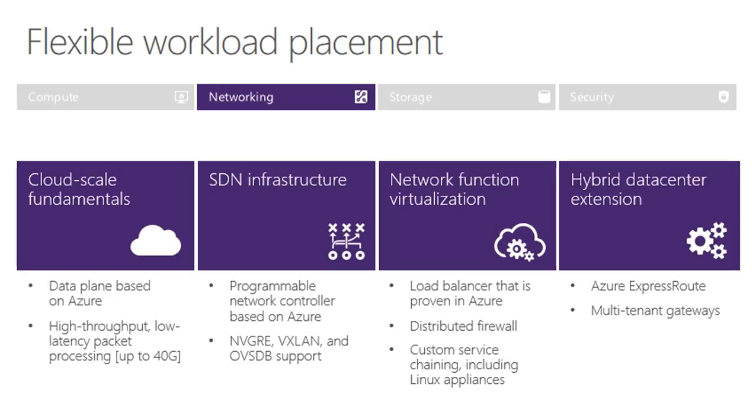That is in fact based on what we've been using in Azure, so that's actually been enabled in Server 2016. We've made changes to the distributed firewall, custom service chaining, including Linux appliances. And when we talk about the hybrid data center extension, that is supported through ExpressRoute and through our multi-tenant gateways that we introduced in Server 2012 R2, supporting all those gateways from a networking point of view.